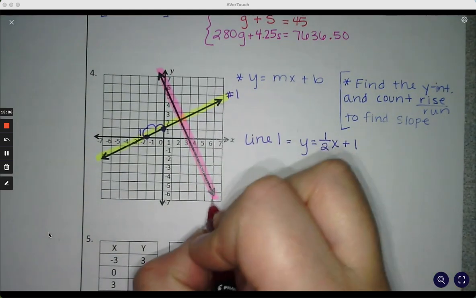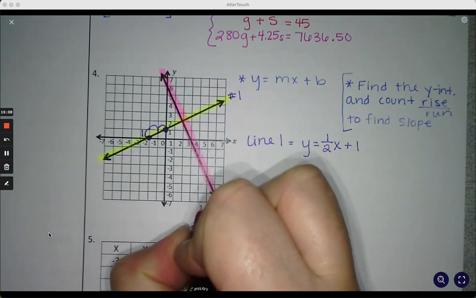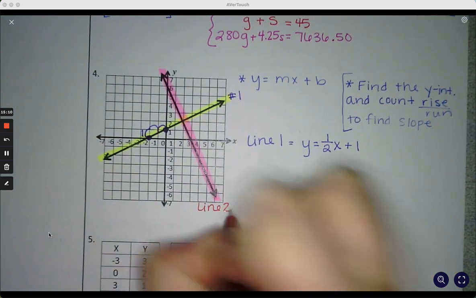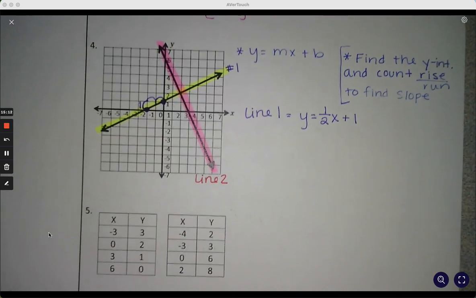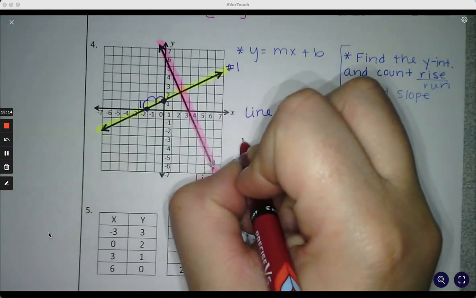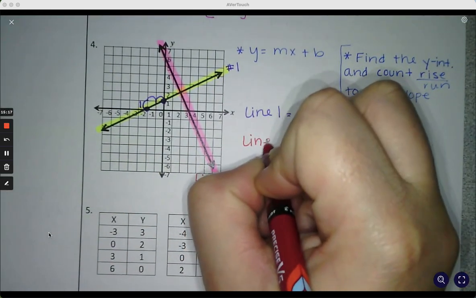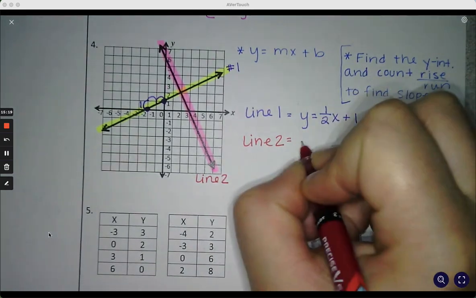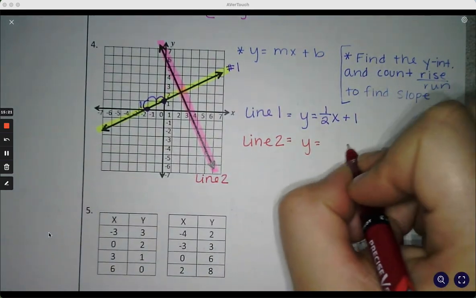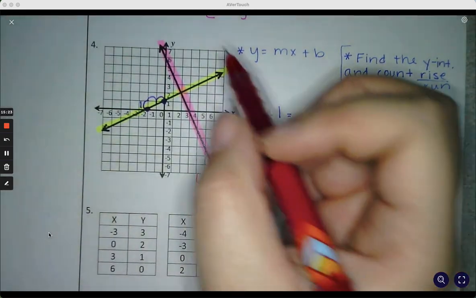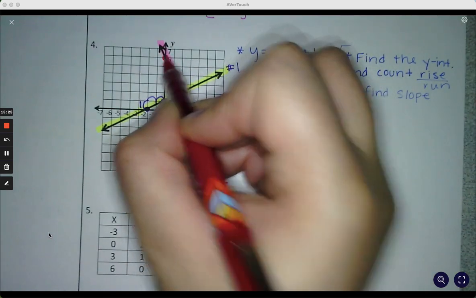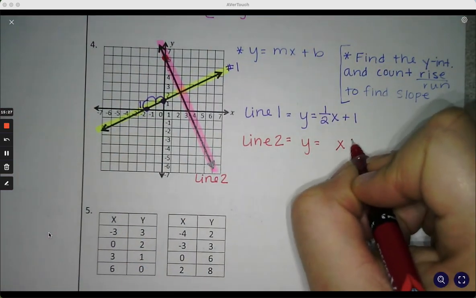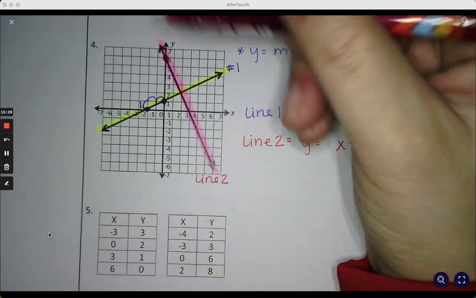So now the pink one, we'll say the pink one is line 2. Okay, so for line 2, we have y equals something x. The y-intercept is all the way up here at 6, so plus 6.